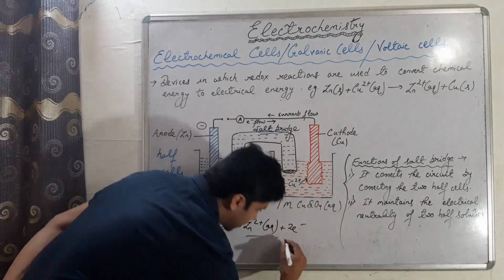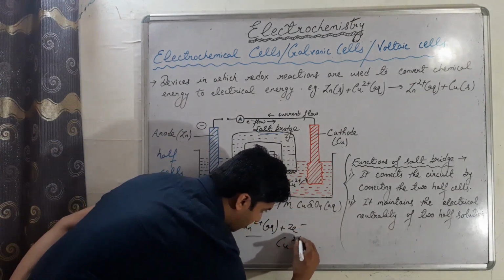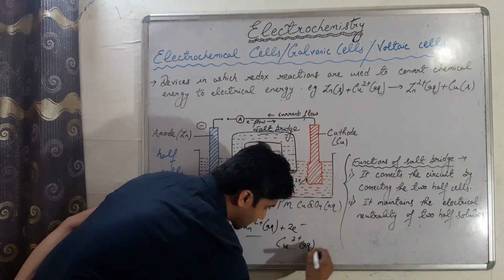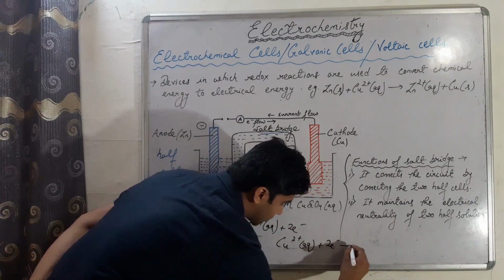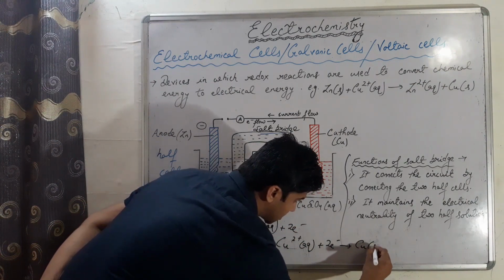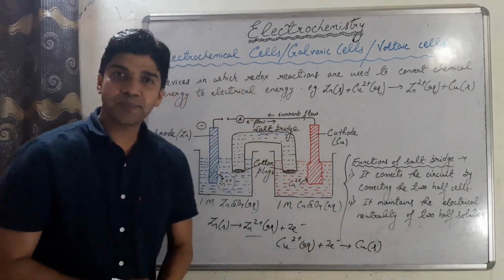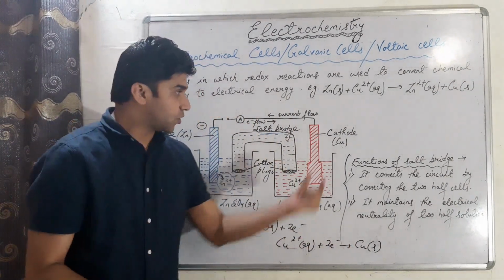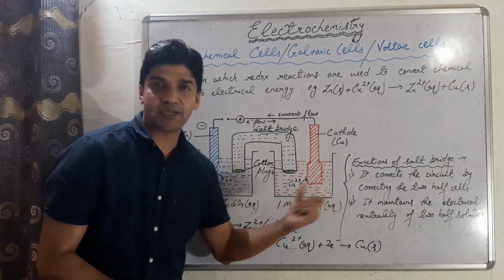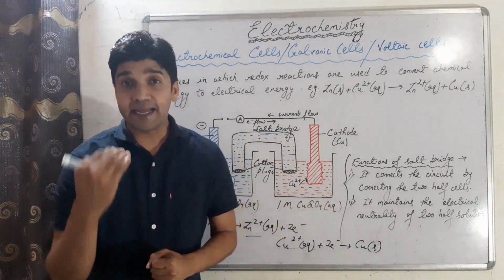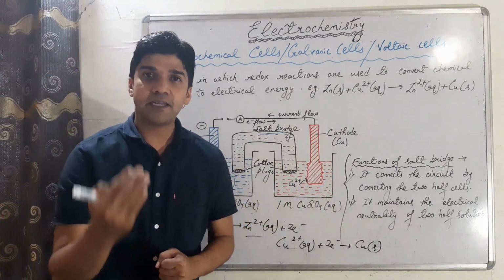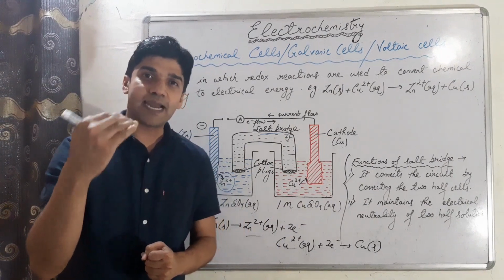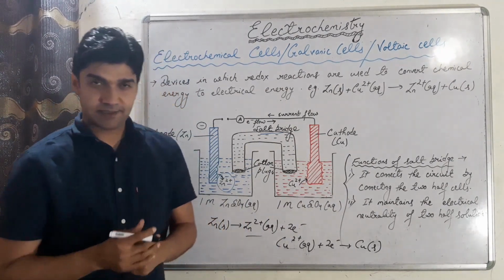So in this half cell, copper ions gain 2 electrons to form copper, and this copper deposits over the copper electrode, and hence the weight of copper electrode increases.